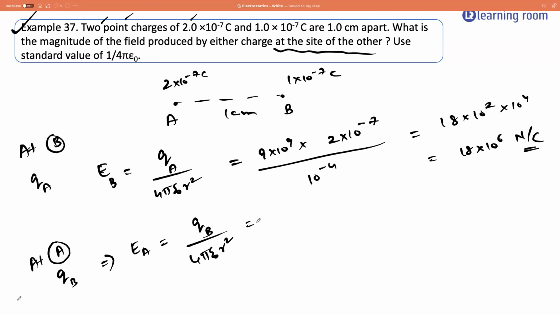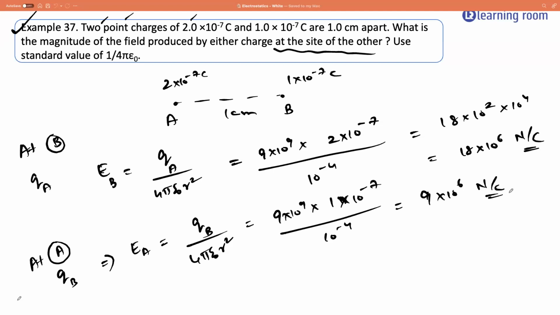The only thing you need to be concerned about, since you're writing a descriptive paper, is to be clear with your notations. Your answer might be right, but be clear with your notations. So 9 into 10 power 9 into 1 into 10 power minus 7 divided by 10 power minus 4. This is going to be 9 into 10 power 6 Newton per coulomb. That's it. As simple as that.